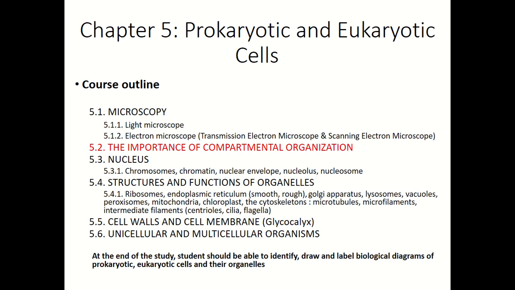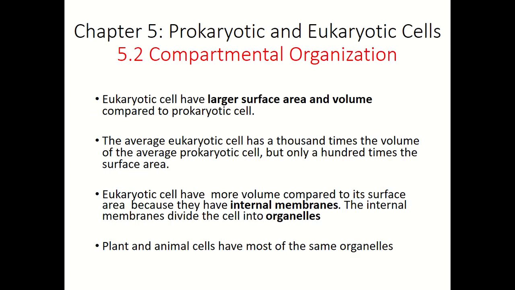Next, remember the cell has organelles, and most of the organelles have their own internal membrane. So what do we mean by compartmental organization? Eukaryotic cells have larger surface area and volume compared to prokaryotic cells because eukaryotic cells are more complex.